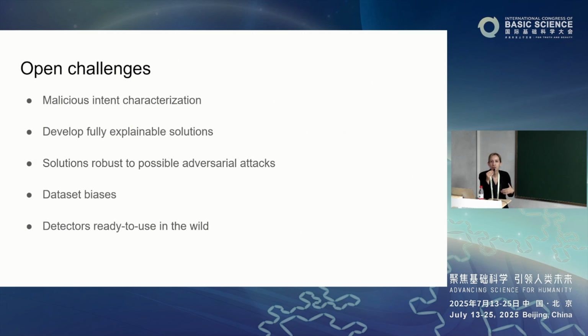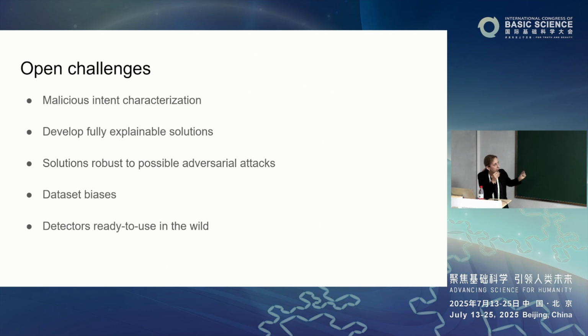Maybe in the future everything will be AI generated. So what is important is how to characterize the malicious intent. Can we understand, maybe using the context, using other types of information, that the image was maliciously manipulated and not modified because of some form of enhancement?